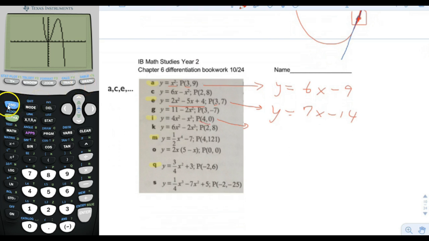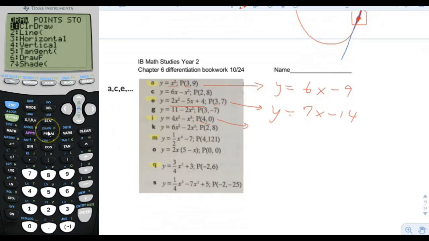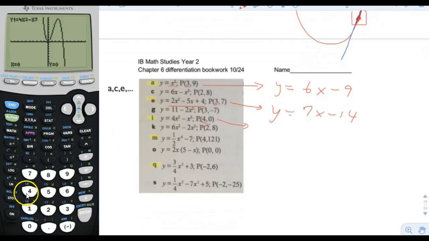So we do second draw, 5. And we hit 4 for x equals 4. Enter. And it's going to be y equals negative 16x plus 64.